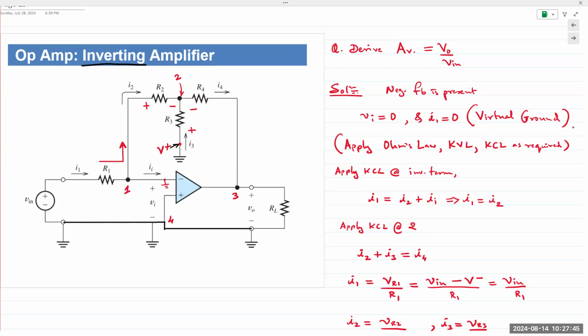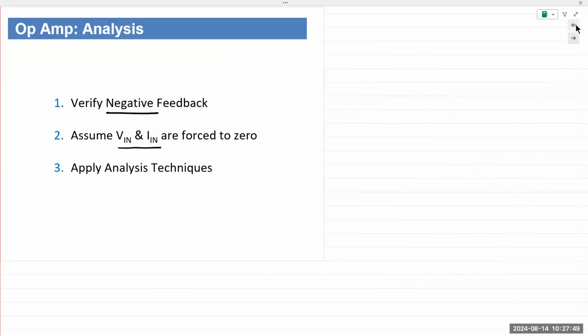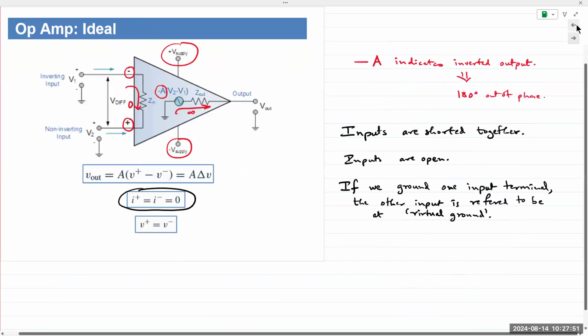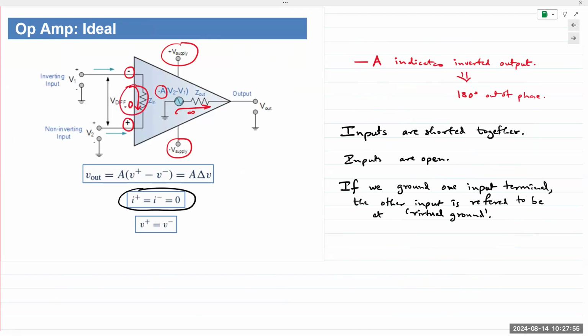Because there is no current flowing between the two, if you ground one terminal, we say the other terminal also has the same exact potential, meaning the voltage drop across the two terminals is equal to 0, because there is no current flowing through those terminals.